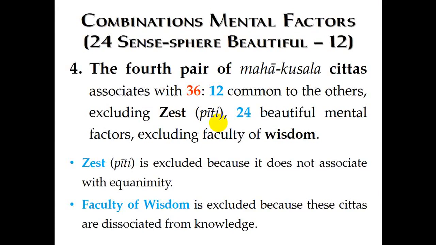The reason is that Arahants and the Buddha have nothing to refrain from. So when we talk about the eight beautiful functional consciousnesses, we have to exclude the three abstinences.